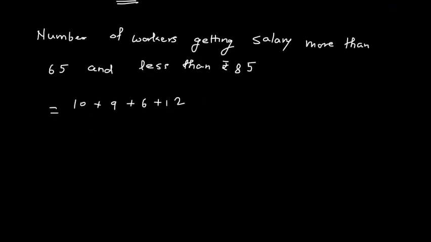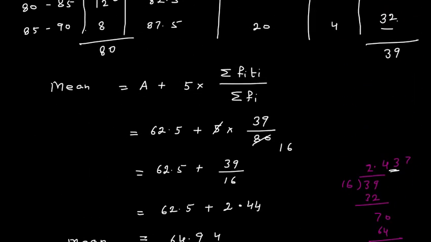So in the 65 to 85 range, how many workers do I have? So here 10 plus 9, 19, 19 plus 6, 25, 37. So total 37 workers are getting salary between the range 65 to 85.